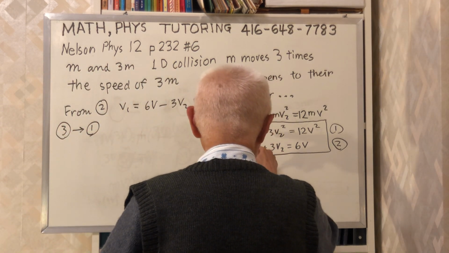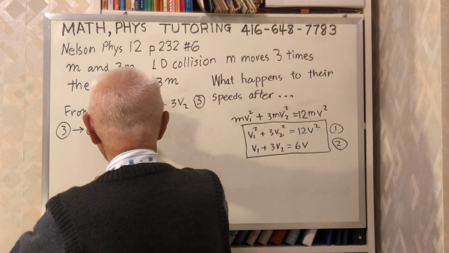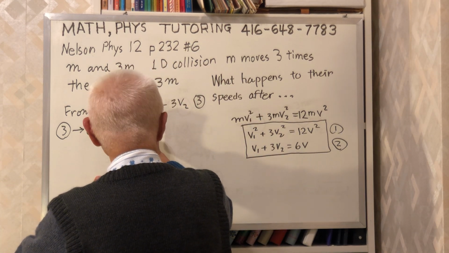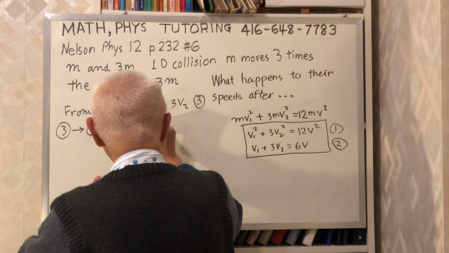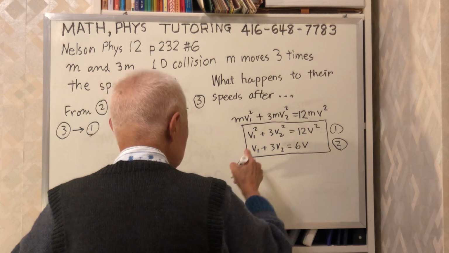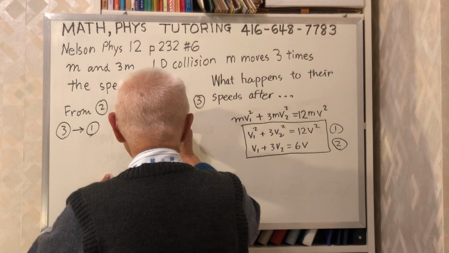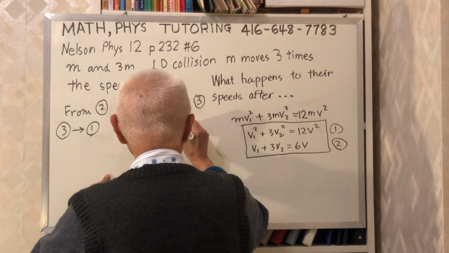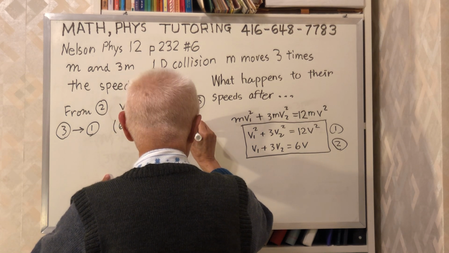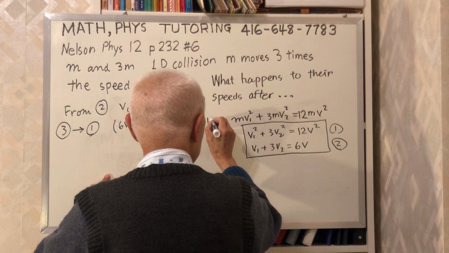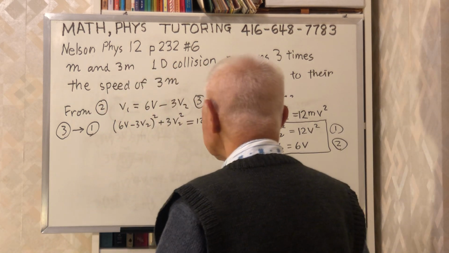Substitute 3 into 1, v1 square, so it's this square, plus 3v2 square equals 12v squared. Okay.